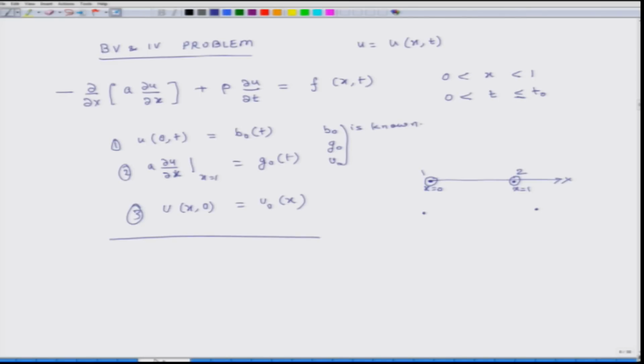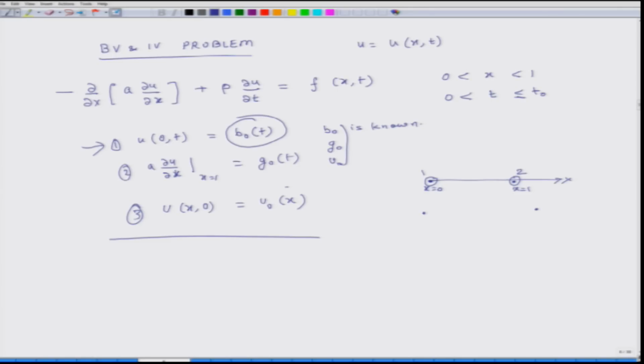Okay. Another thing, sometimes people say that this is a homogeneous boundary condition and this is a non-homogeneous boundary condition. So, if B0 was 0, then we would have said that this particular condition is a homogeneous boundary condition.